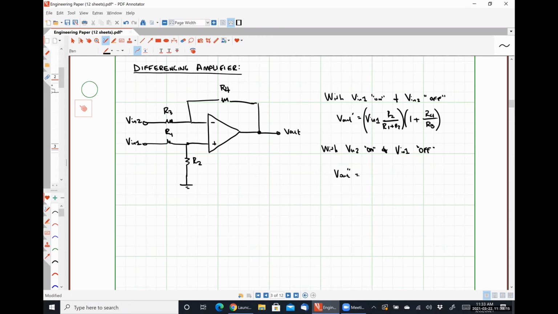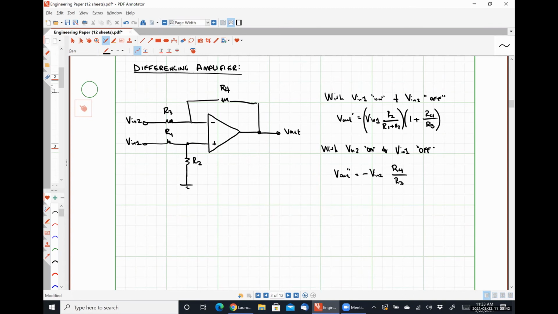So with VN1 off, this is just a simple inverting amplifier. There's just a resistor placed between the non-inverting input terminal and ground that doesn't really do anything, doesn't have any effect on our output signal. So we should see negative VN2 multiplied by our feedback resistor of R4 divided by that input resistance of R3.